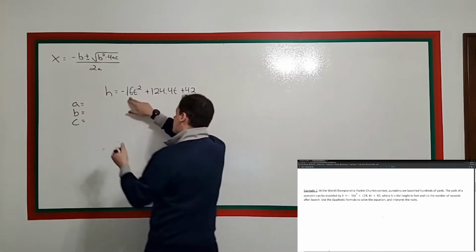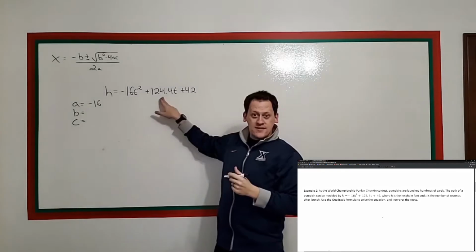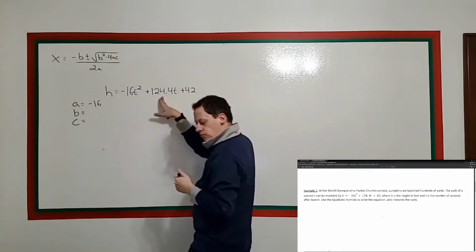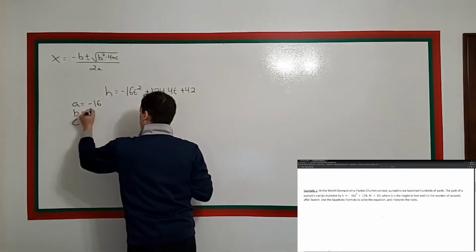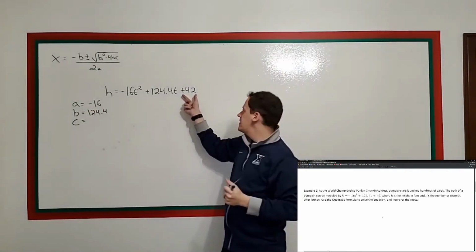So a is negative 16. b is the value in front of t. That's 124.4. And c is the constant at the end. That's our 42.